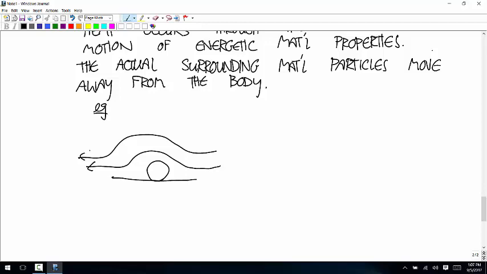If those high temperature water particles stayed right around this rock or whatever it is, remember that conduction depends on the temperature difference, right? So if this water here gets to be a higher temperature, that temperature difference is reduced, and future heat loss through conduction is going to be smaller. But if this heats up the surrounding particles, and then a flow of the water carries those away, and those are replaced by cold water surrounding the rock, then heat loss is going to happen faster.